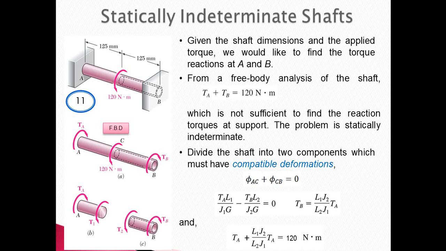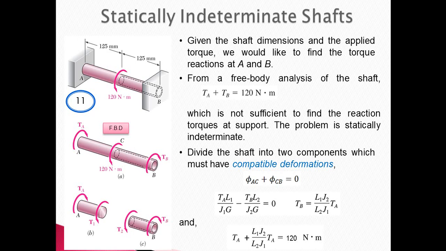Since the shaft is fixed at both ends, we know that the total deformation or total angle of twist along the shaft must be equal to 0. Therefore, we can write that phi AC plus phi CB is equal to 0. We can apply this compatibility condition or compatibility equation together with the equation of equilibrium to solve for the reaction torque at the support.